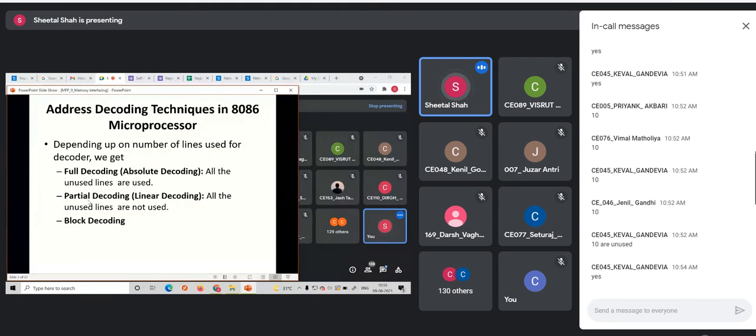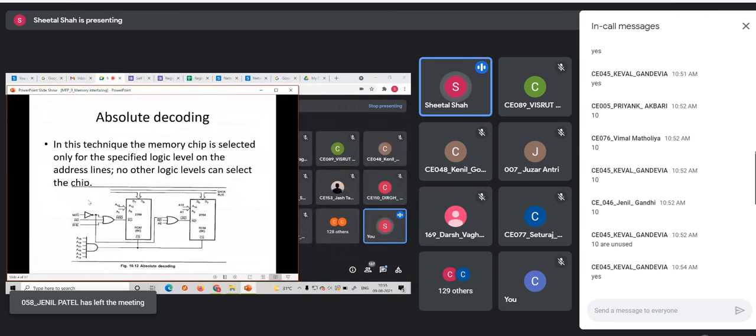And in block decoding, we may use extra decoder circuits to decode particular inputs, and the output of these decoders can be connected to the chip select line of the memory IC. So the very first example we'll see is absolute decoding, also known as full decoding.